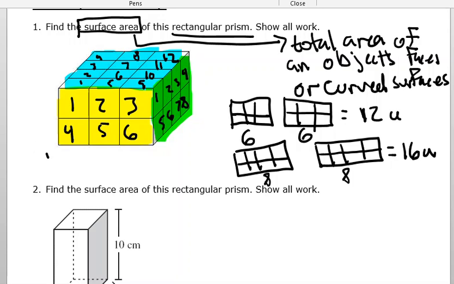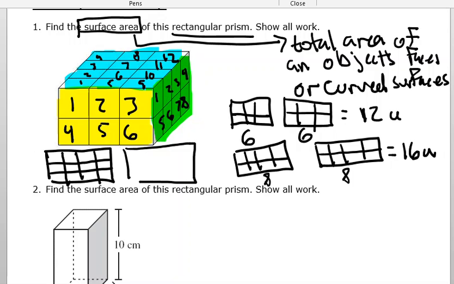And if I were to draw that over here, okay, I have my 12 plus my 12. All right, and that gives me 24 units.